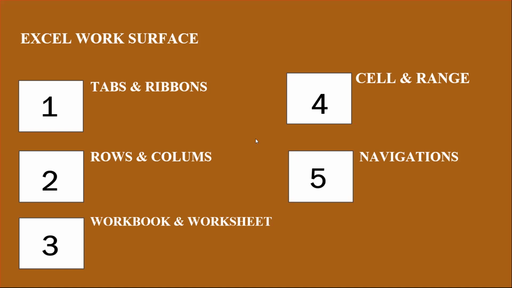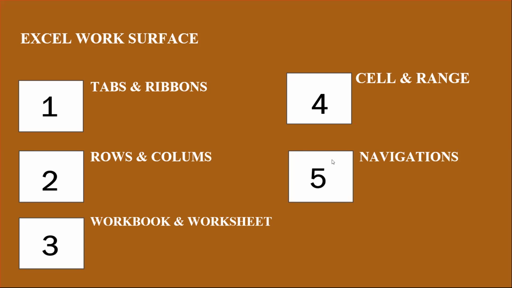So go ahead, Mr. Marco Chukwu. You're going to explain row and column to us. Okay. Rows in Excel are in a tabular form which are used for data entries.